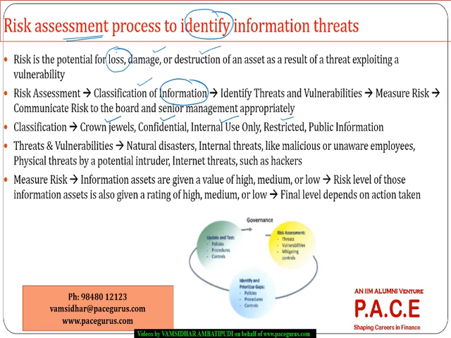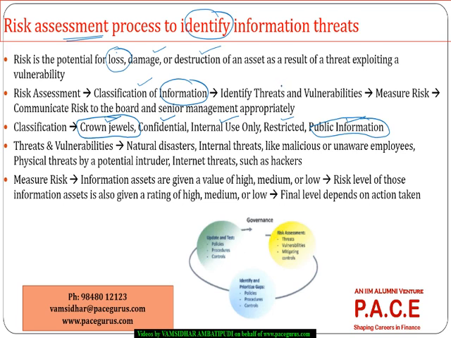Some information is restricted, and the final category is public, whatever information even an outsider can know. So we have to classify the information into all these categories, from crown jewels, which is very restricted, to public information, which everyone can typically access.